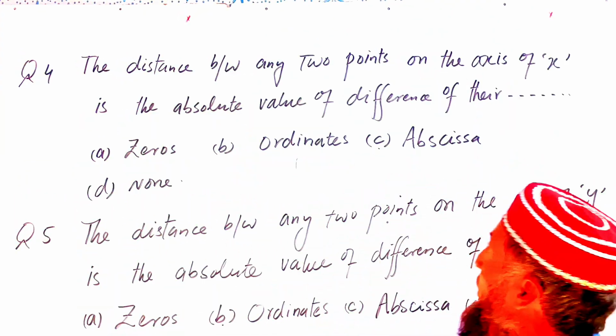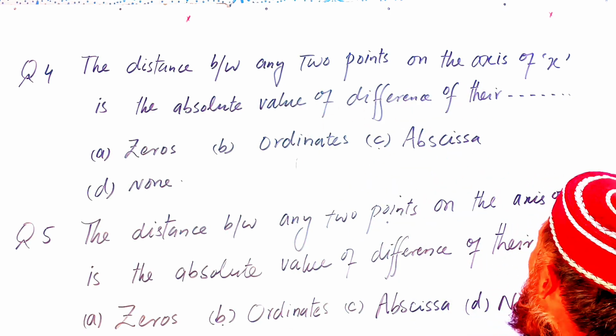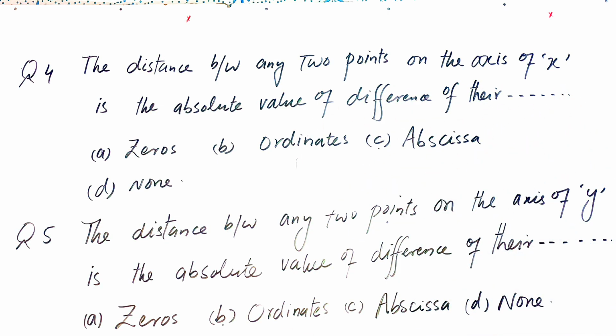The distance between any 2 points on the axis of x is the absolute value of the difference of their abscissas. That is called abscissa.